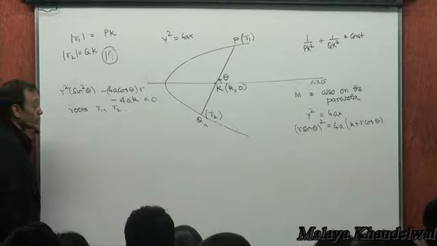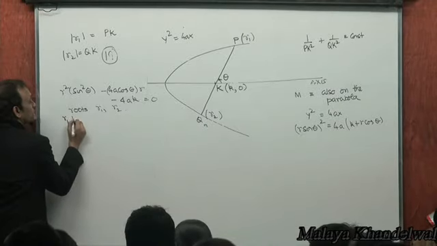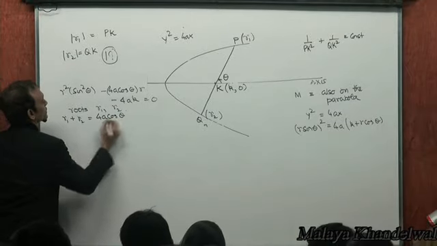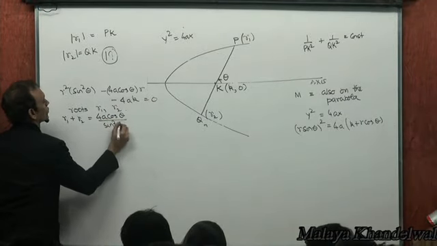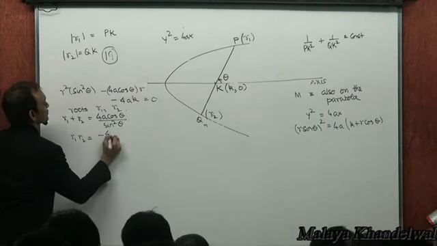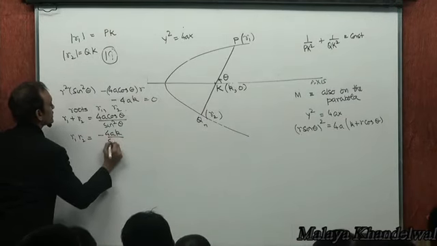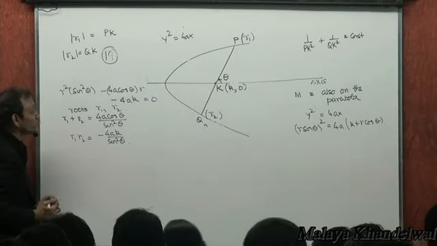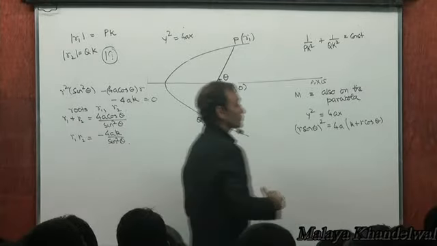What is r1 plus r2? 4a cos theta by sine square theta. What is r1 r2? Minus 4ak by sine square theta. That's r1 r2.